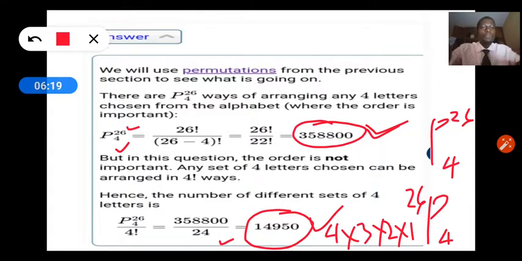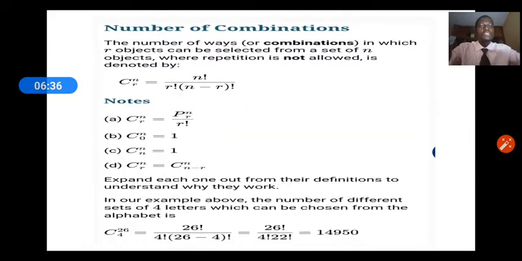We're coming gradually. This first example is reminding us of what permutation is and taking us to combination, so we can see the difference clearly now. We see the formula of combination easily in our next example. Now let's check out the next example: number of combinations.